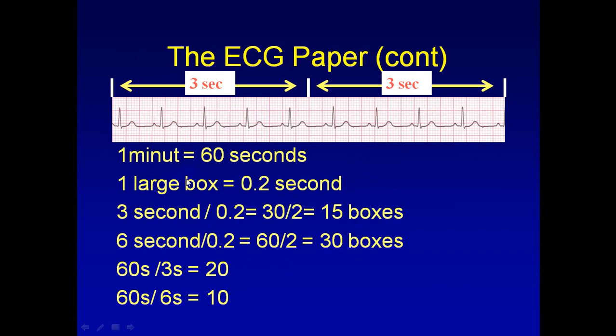I just remind you, 1 minute is 60 seconds, and a large square is 0.2 seconds, so 3 seconds is 15 squares, times 20. For 6 seconds, times 10. Usually we use 3 seconds, 15 squares, the number of RR waves times 20 if it is irregular.